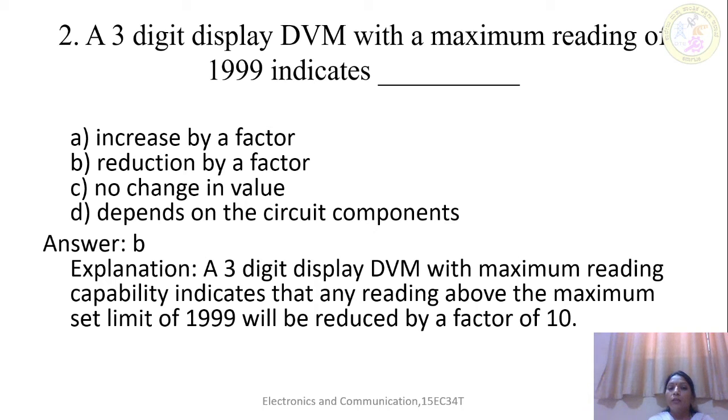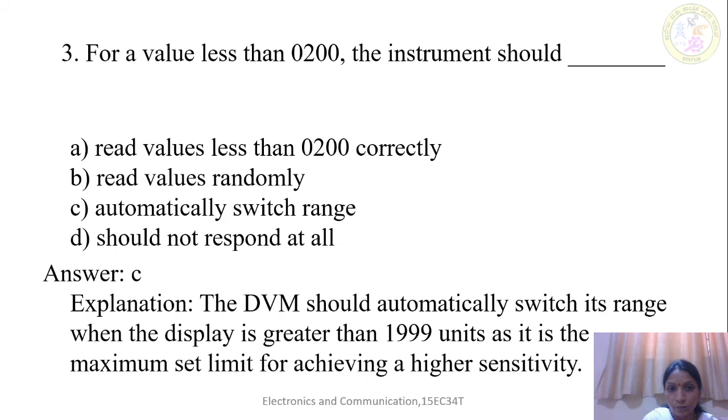Actually, a 3-digit display DVM with maximum reading capability indicates that any reading above the maximum set limit of 199 will be reduced by a factor of 10. So this is under the limit of 199, will be reduced by a factor of 10. Hence, a 3-digit display DVM with a maximum reading of 199 indicates reduction by a factor of 10.